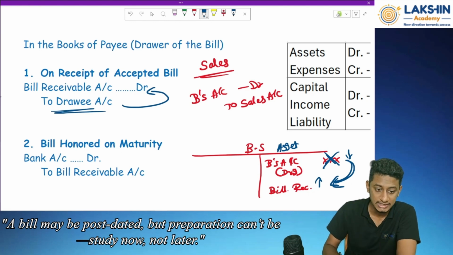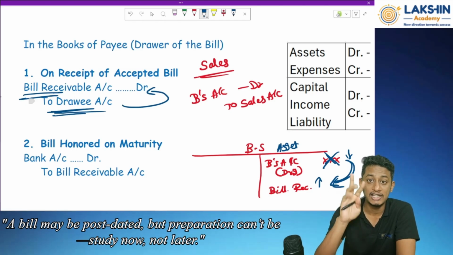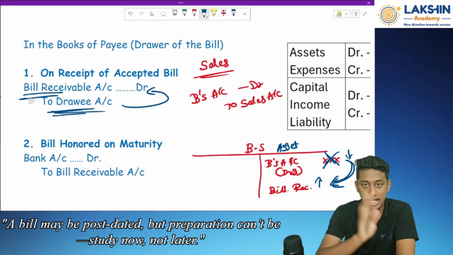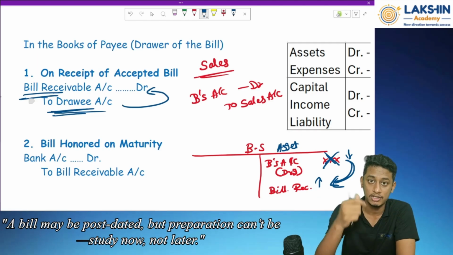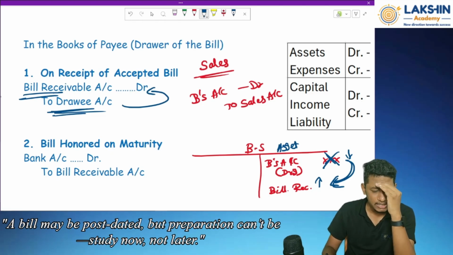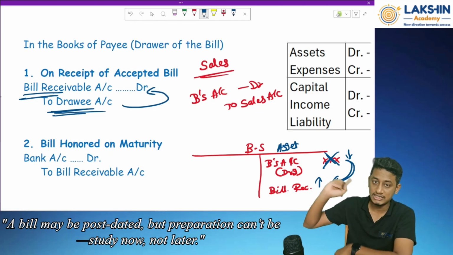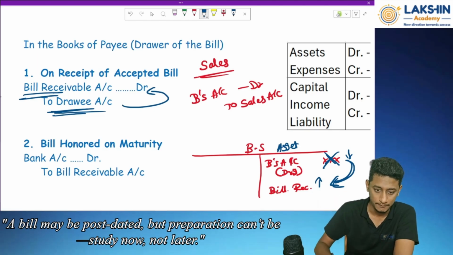I am decreasing one asset and increasing one more asset, so both have a nullifying effect and there won't be any difference in the balance sheet. If you want, you can try it out with some dummy examples. Clear? So this is my first entry. In every question, whenever a bill of exchange is created, this will be my first entry. Now let's move ahead.